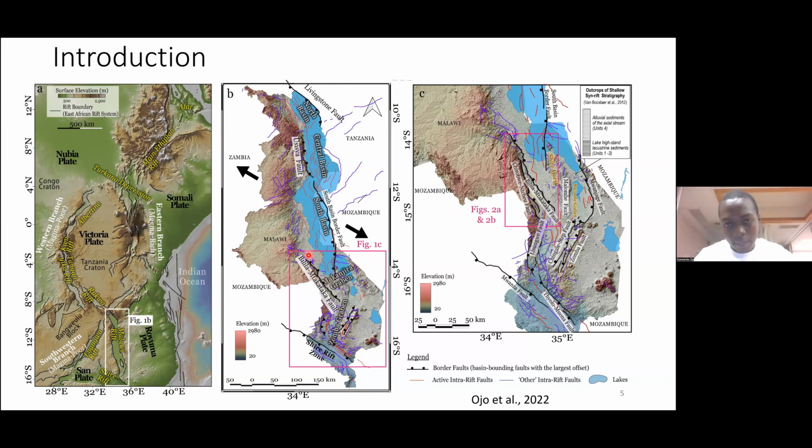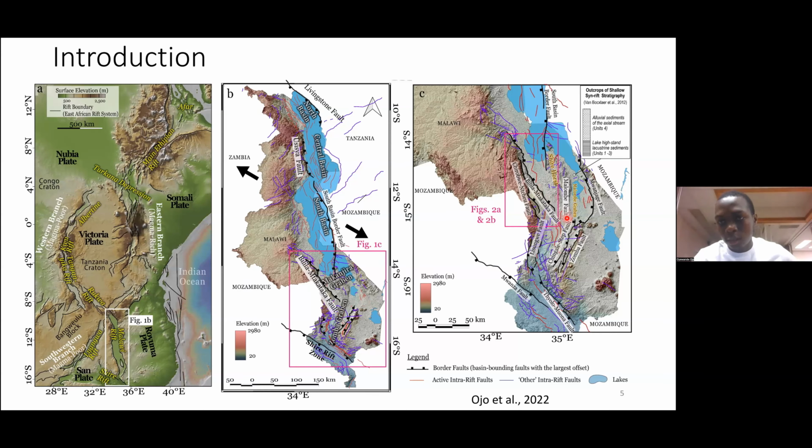The Bilila and Mlumbe faults are the faults I will be focusing on today. It has been believed that it hosted a magnitude 6.2 earthquake. So it's quite important and massive for it to not have an estimate of the amount of throw or displacement on this fault.